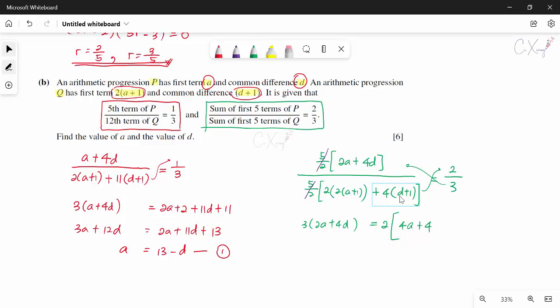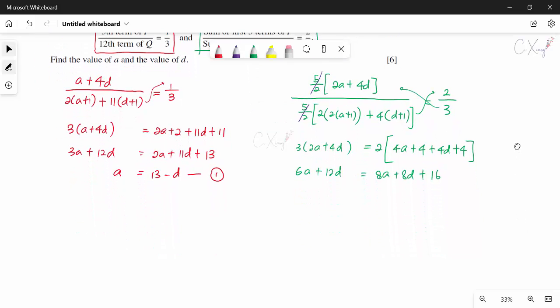Then this one also multiply in, I will have 4D plus 4. So 6A plus 12D equals to 8A plus 8D plus 16. If I simplify slowly, I will group all the A together and also all the D together. So for this part, I will have 4D equals to 2A plus 16.